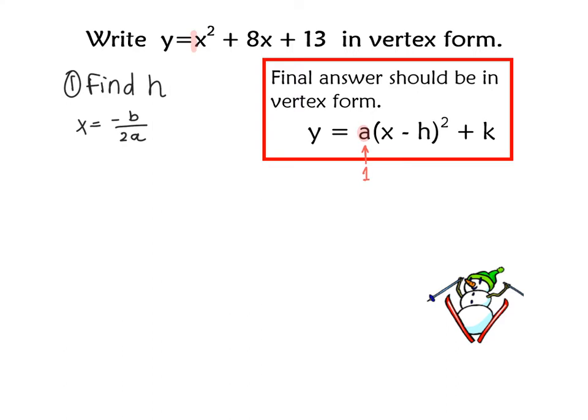Just in case you forget, this right here, this second number is our b, and then our a was this first number out in front, which was a 1. So if we were to plug that in, we'd have negative b, which is 8, over 2 times a, which is 1. So we get negative 8 over 2. So that means that our h value is really negative 4.